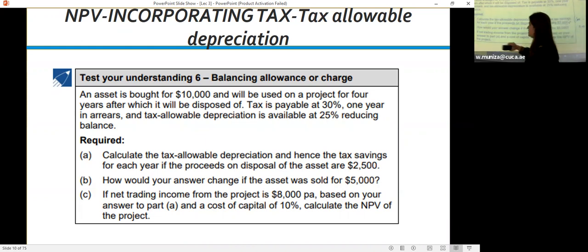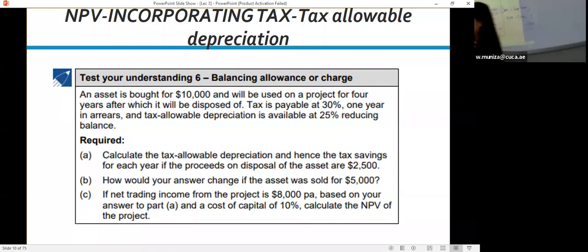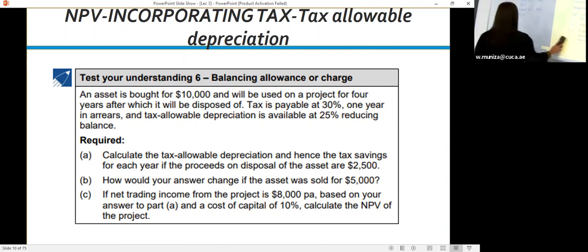Now your second step is telling how would your answer change if the asset was sold for $5,000. So instead of 2,500, now they are telling the asset will be disposed for 5,000. So there could be a balancing charge, not profit. How much is it? 781.